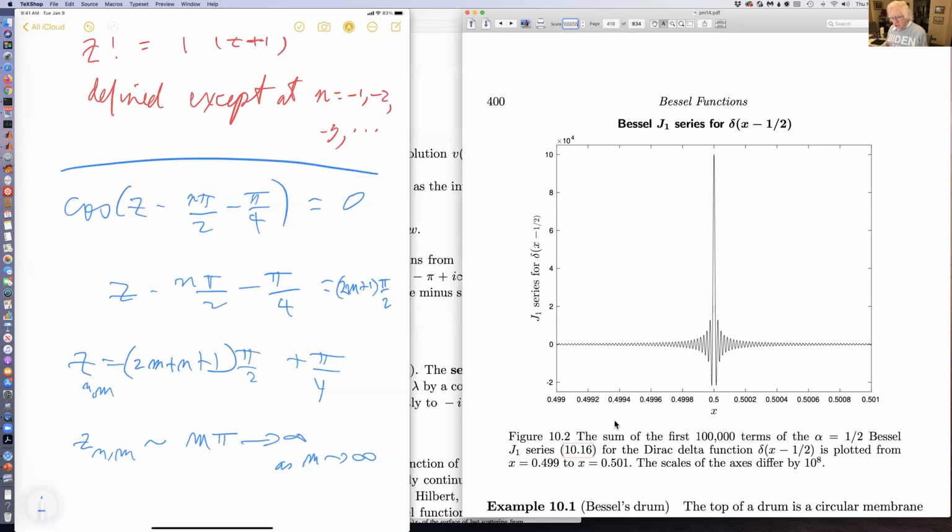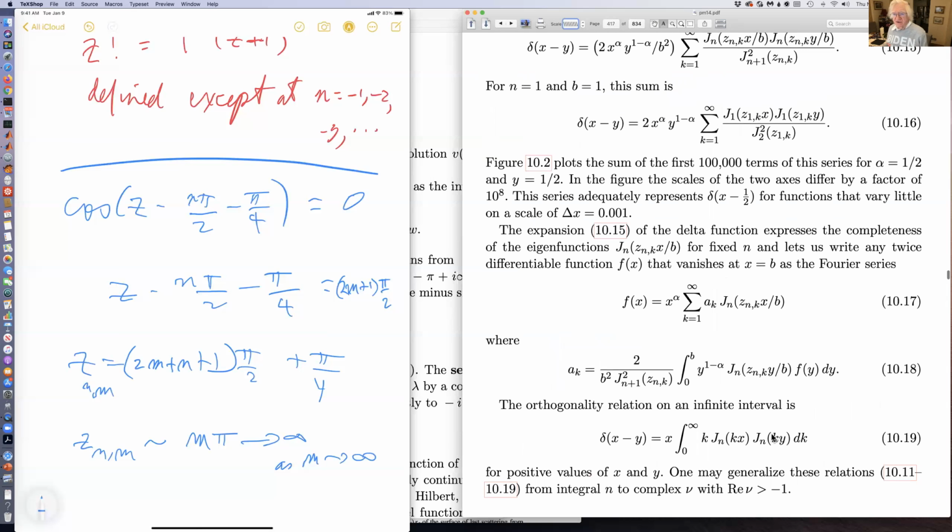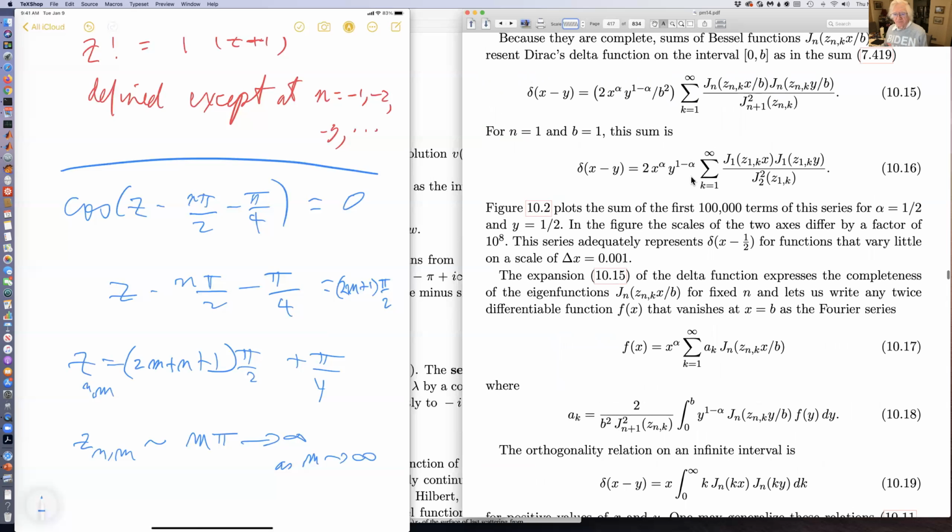That's the width. 2 divided by 1,000. This scale here is 10 to the 4th. And so the spike is absolutely incredibly thin and incredibly high. The scale of the axes differ by a factor of 10 to the 8th. This is a sum of 100,000 terms of this Bessel function expansion here.